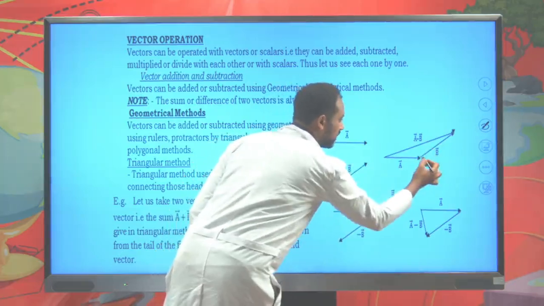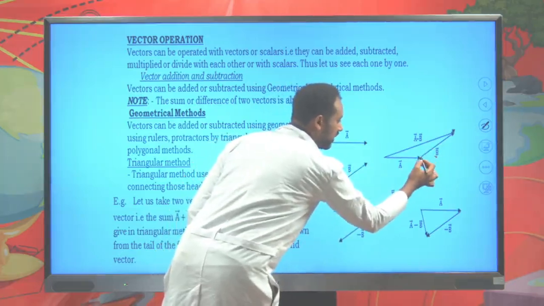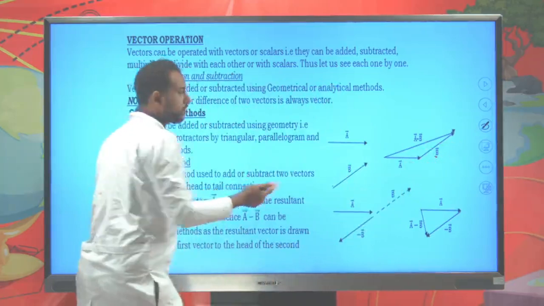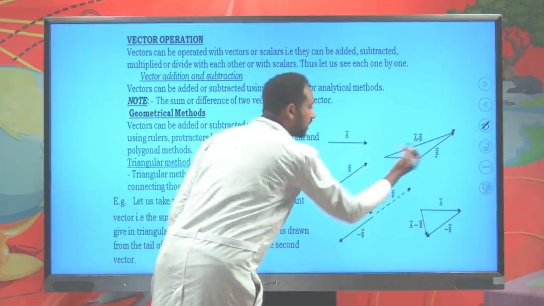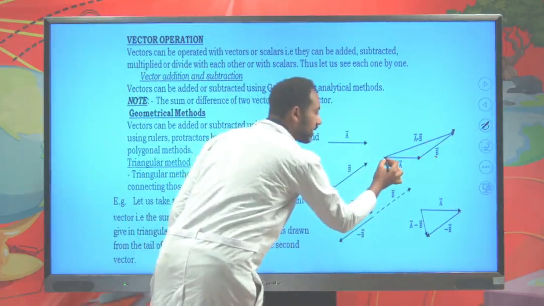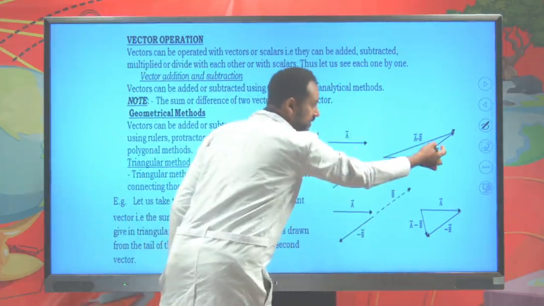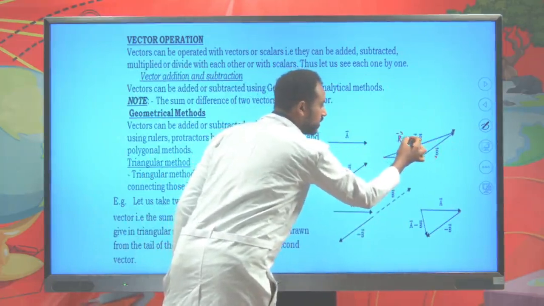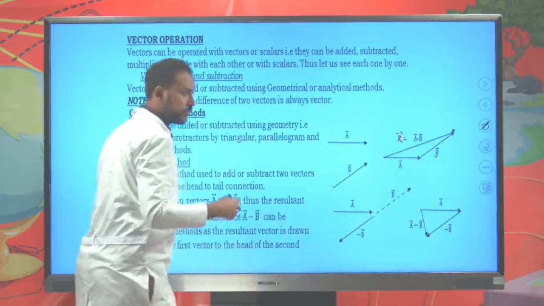The tail of the second means here you have vector B. Therefore, as you connect this, the vector from the tail of the first to the head of the second gives you the resultant vector. This is the resultant vector, the summation of the 2 vectors.